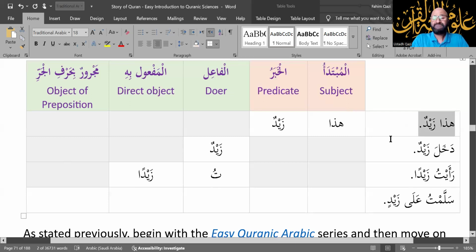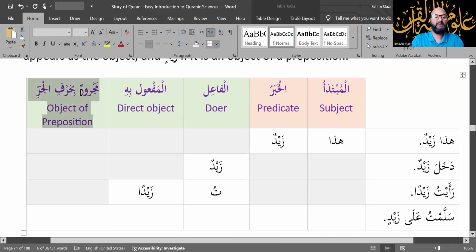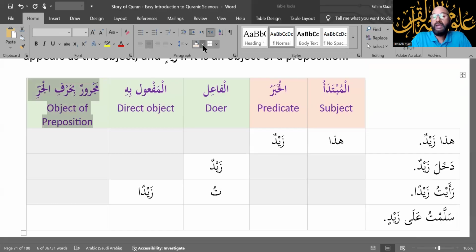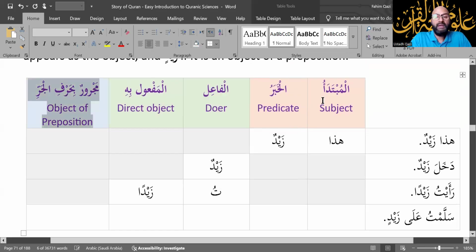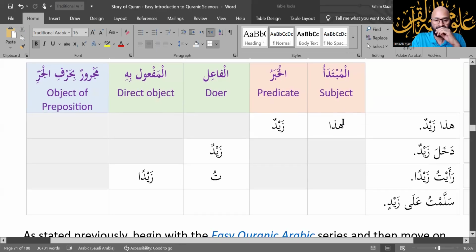Whereas the other combination, verb-doer combination, is for a verbal sentence. And the majroor bi harf al-jar, the preposition, could be added in a nominal sentence as well as a verbal sentence, as we learn in Easy Quranic Arabic Series Book 1, and Book 2 as well. I'm not going to go into that detail right now.